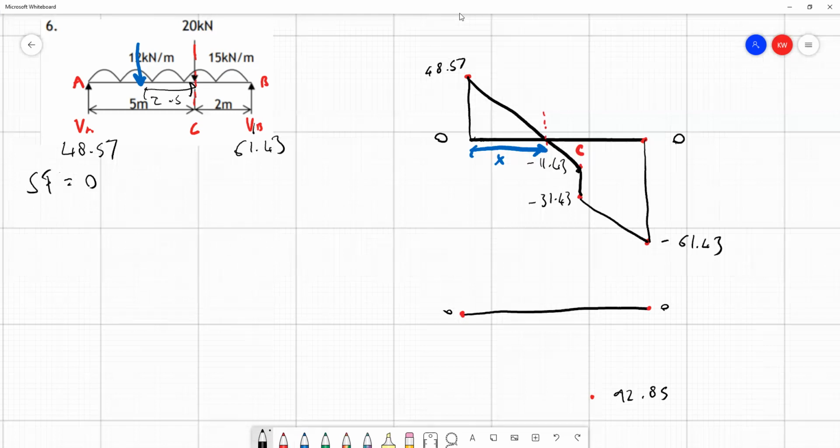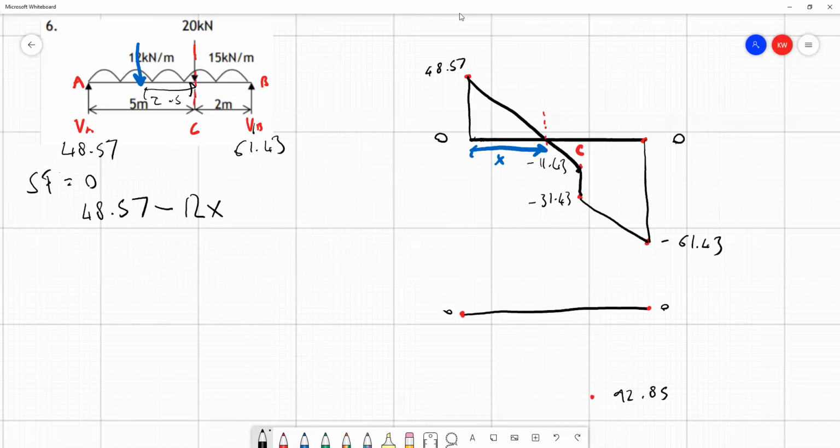When that point comes, we have a force acting up of 48.57, and then it's all that 12 kilonewton per meter UDL until we get to C. Now we know if we go 5 meters, we've gone too far. So it's minus, acting down, 12 times some value that's less than 5. So we'll call this X just now till we work it out.